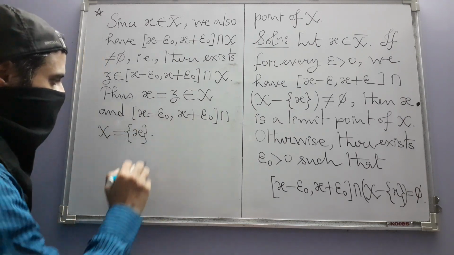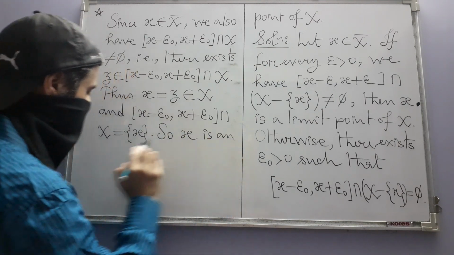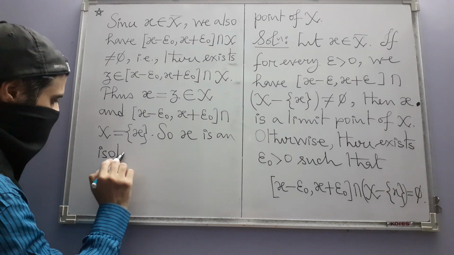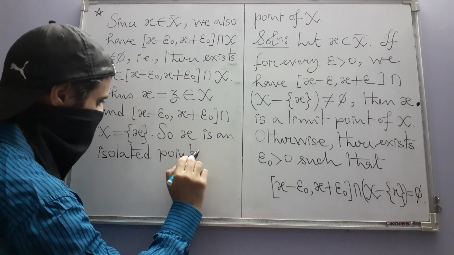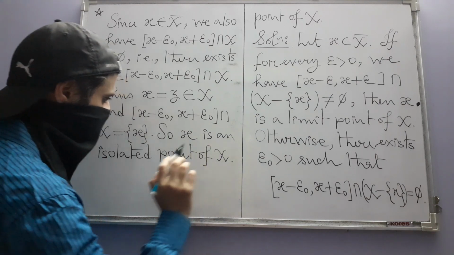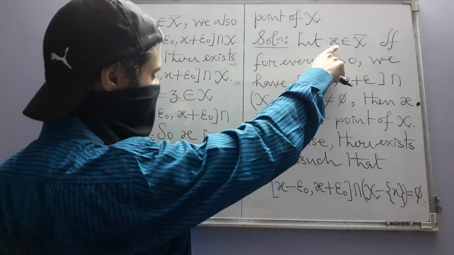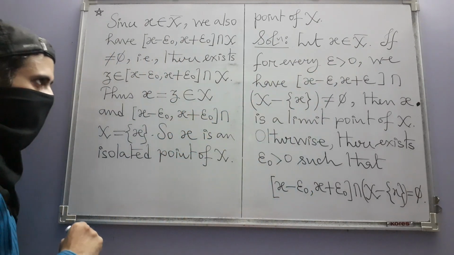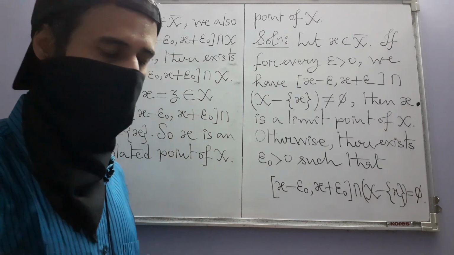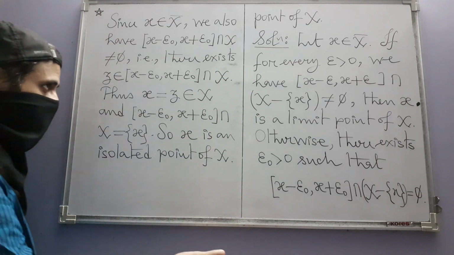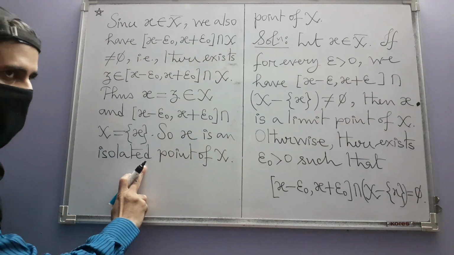So by definition small x is an isolated point of capital X. Note that in general small x need not be an element of capital X, it just belongs to the closure of X. As an element in the closure, it may or may not belong to the set itself. So we have shown that any adherent point is either a limit point or an isolated point.